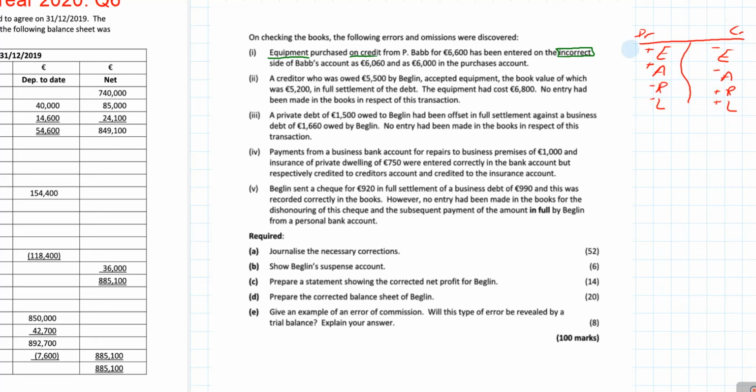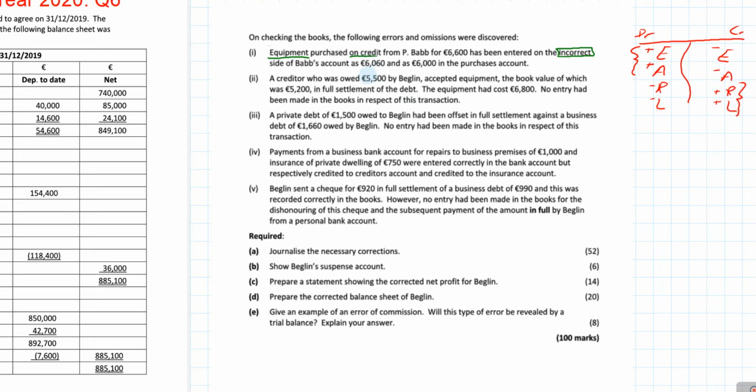And that's the credit side. So my expenses and my assets will increase on the debit side. My revenue and liabilities, if they're on a credit side, it's a positive entry.